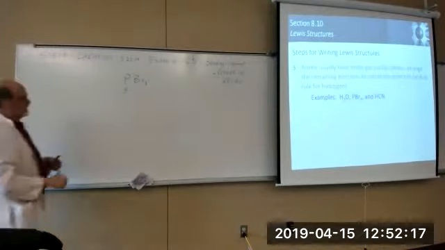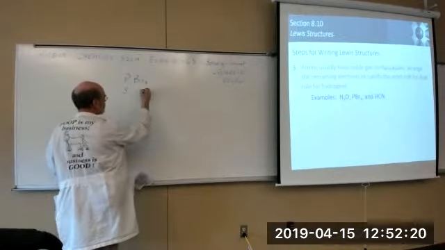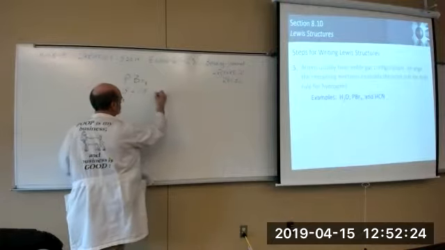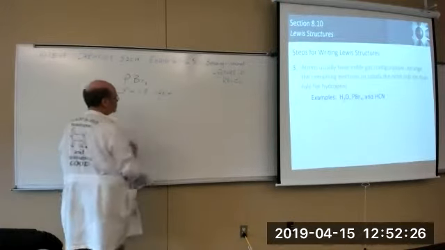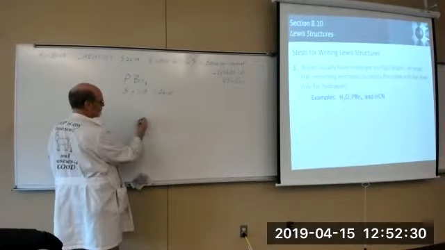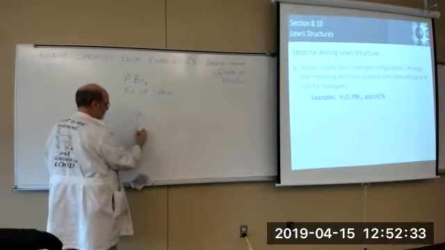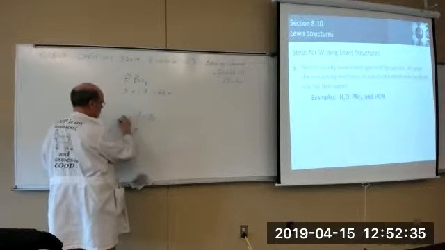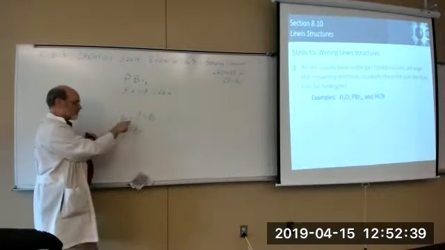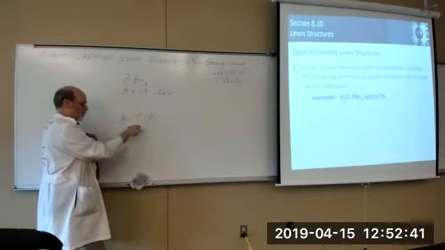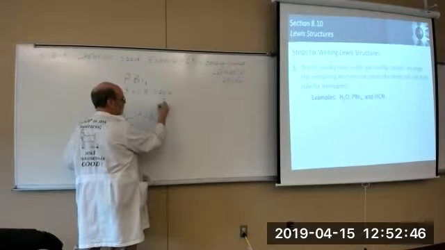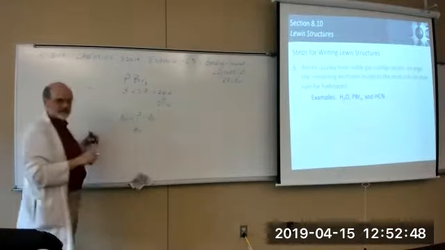So bromine has 7. 3 times 7 plus 5 is 26 electrons. The way it's written says that phosphorus is in the middle, attached to the bromines. Okay, so now we have 2, 4, 6 electrons in bonds. That means we have 20 electrons that have to be placed.